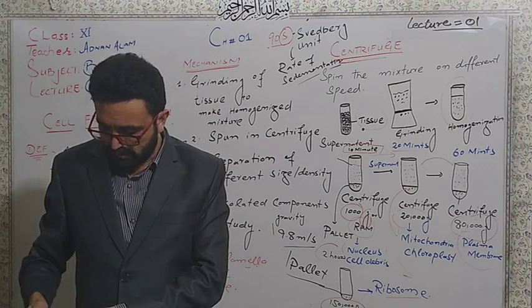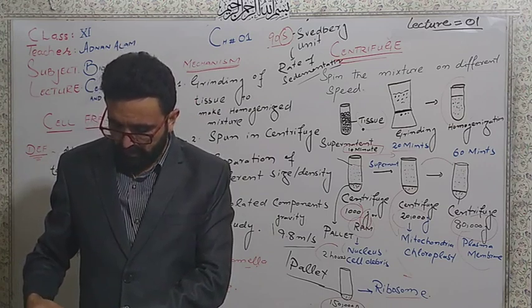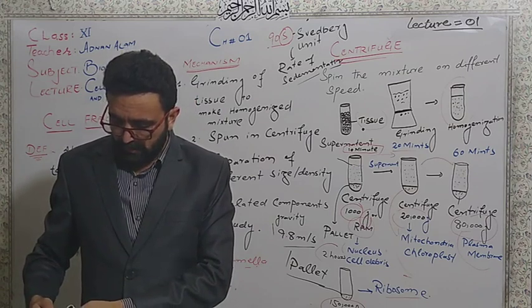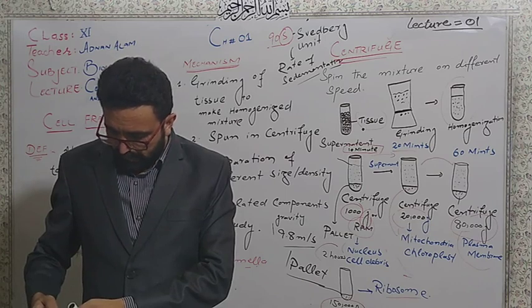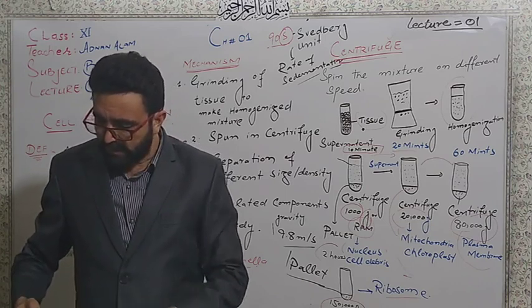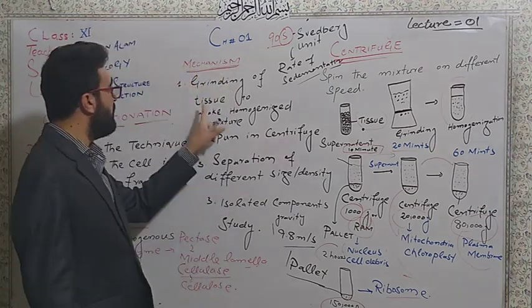Now the next type of centrifugation is density gradient centrifugation.